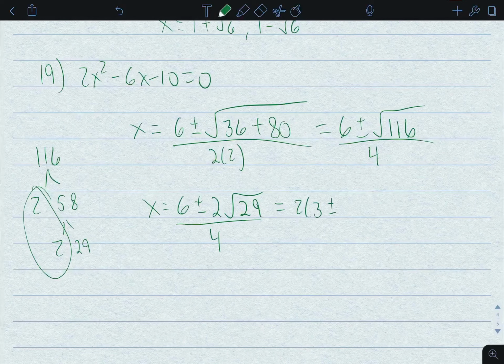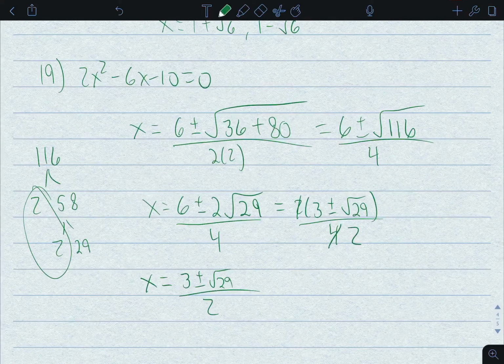So 3 plus or minus square root 29, divided by 4, which means that x is really equal to 3 plus or minus square root of 29 divided by 2. This 2 and this 4 reduce to be just the 2 on the bottom.